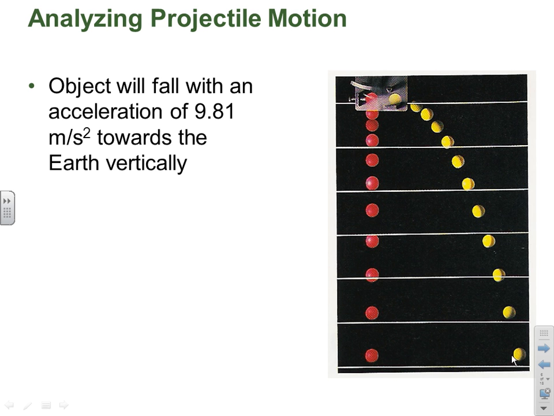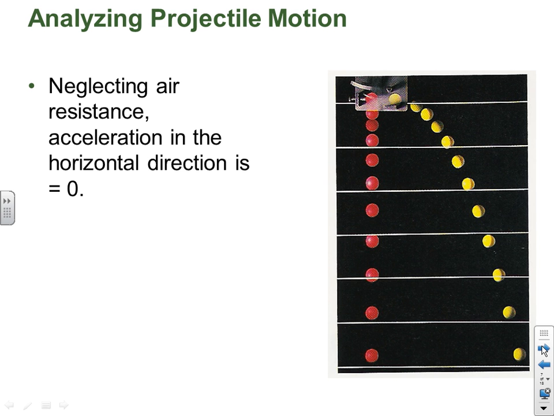But, like we discussed, once it leaves the platform and the post shoots it forward, there is nothing affecting the horizontal motion. So acceleration in the horizontal direction is equal to 0. If acceleration is equal to 0, what happens horizontally? Just dropping straight? Well, that's what happens to it vertically, right?